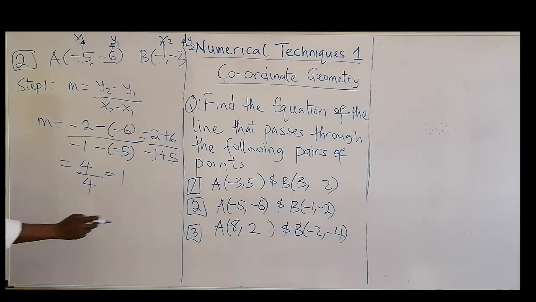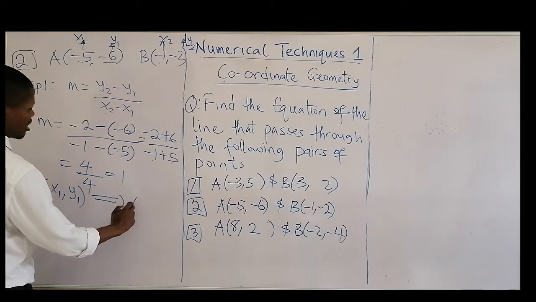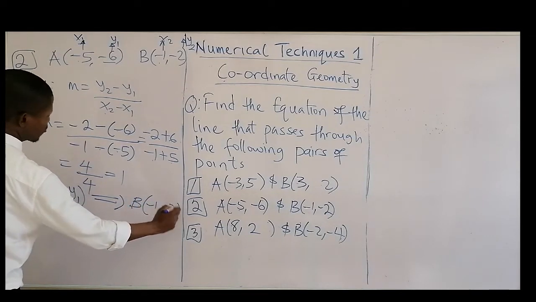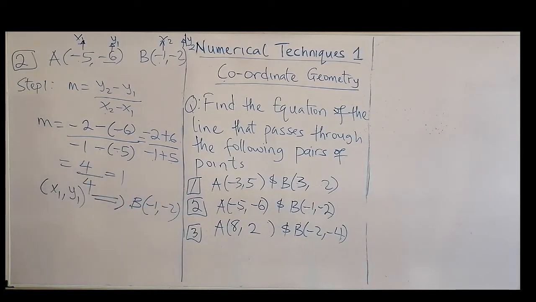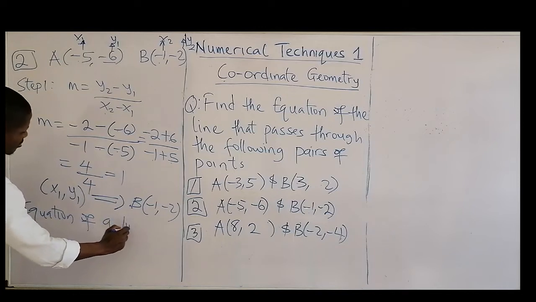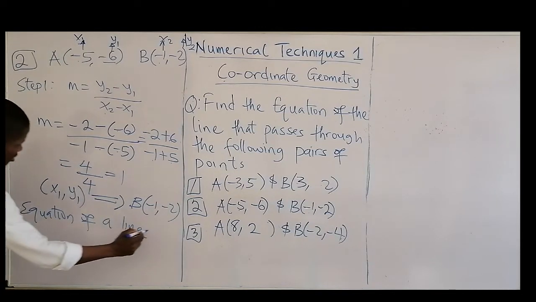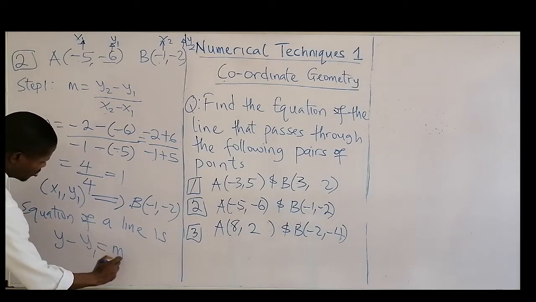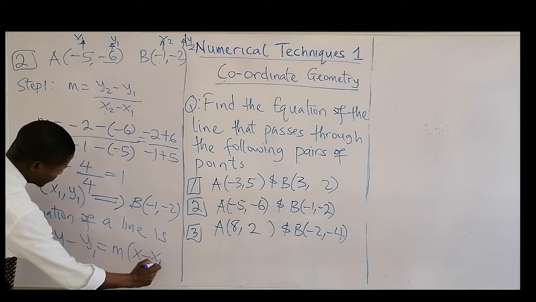Then after that, pick any of the points for your coordinates for your x1, y1. Choose any one there. So I'm using, okay, let me try B also this time around. Minus 1, minus 2. You can use any one of them. So the equation of the line is y minus y1 equal to slope m into bracket x minus x1.